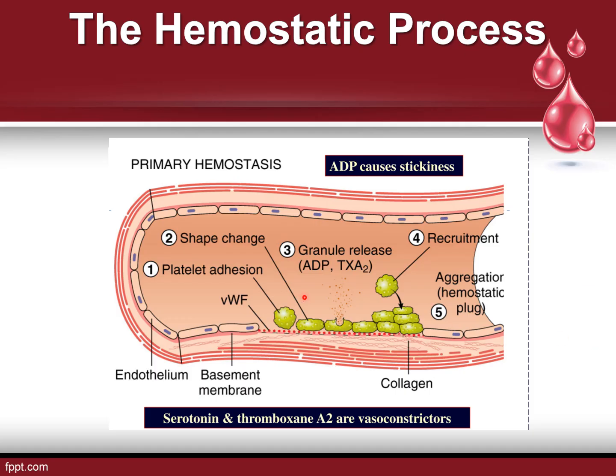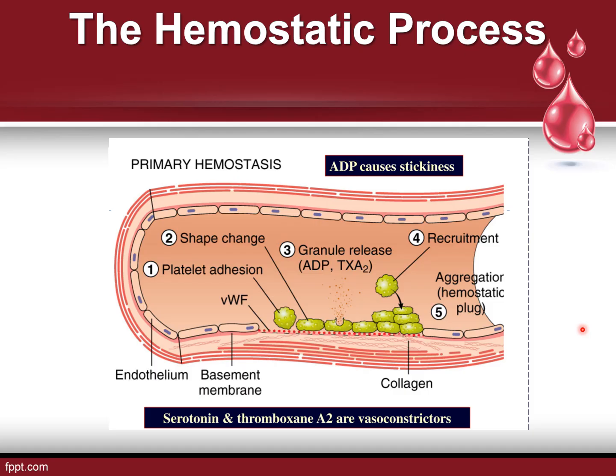Platelets express certain receptors, some of which are used for the adhesion of platelets. So when platelets are activated, they express receptors that interact with other platelets, producing aggregation and adhesion. So they recruit, they cause aggregation, which forms the hemostatic plug, or platelet plug.